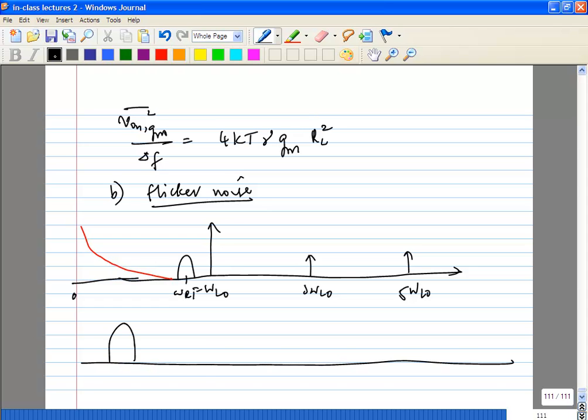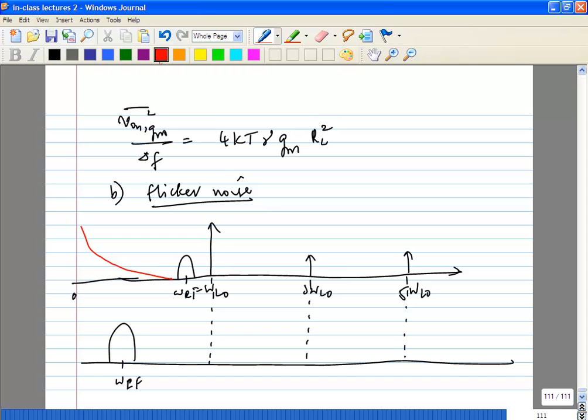So you're going to get your omega IF. Remember that omega LO times omega DC gives you an LO feed through component, right?